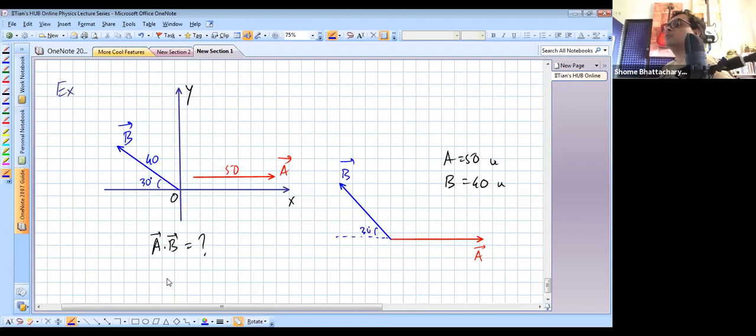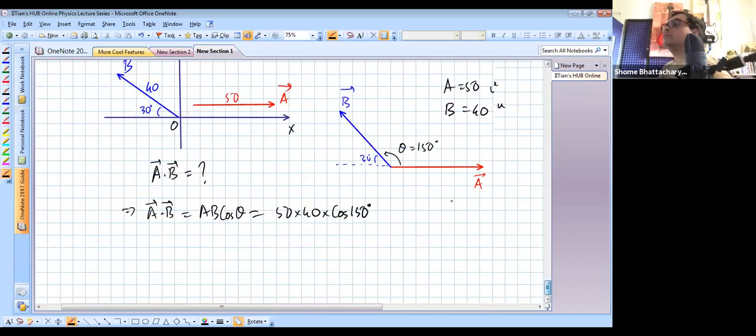So A dot B is equal to |A||B| cos theta, which is 2000 into cos 150. Remember, cos 150 is a negative quantity.